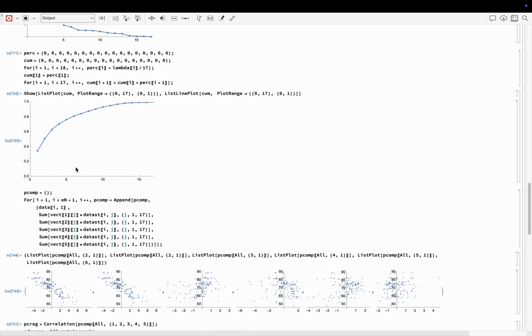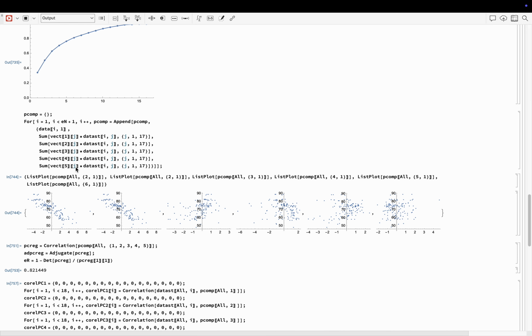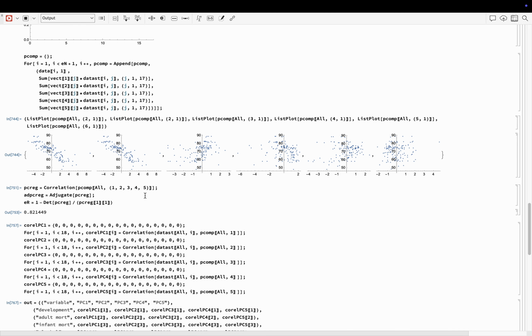So let us now look at how principal components correlate linearly with our dependent variable, and these are plots. As you can see, the first 2 components have more or less linear dependence with the life expectancy, while others produce a hazy halo of points, so there is no clear linear dependence here.